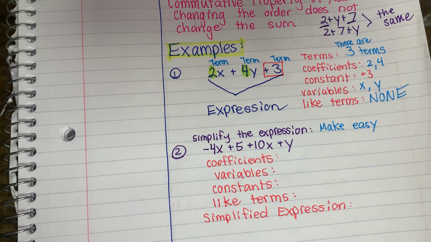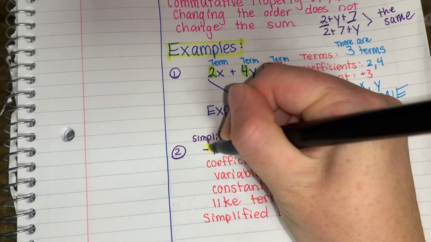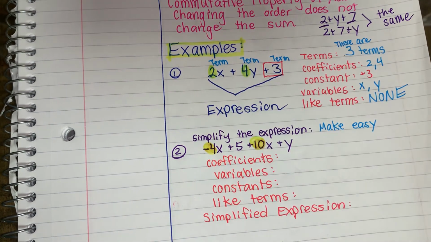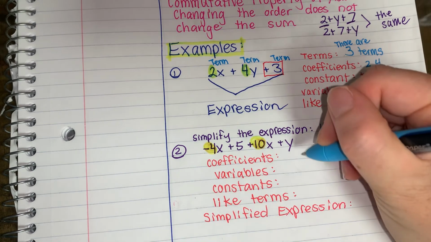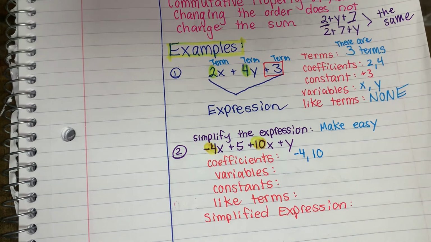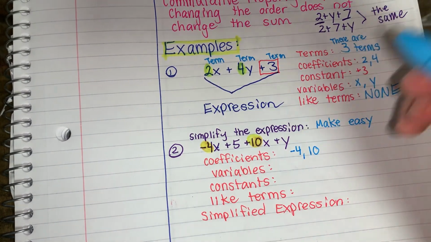So let's talk about the coefficients. I'm going to highlight the coefficients. We've got -4 and a +10 for coefficients. How about variables? I see x and I see y.